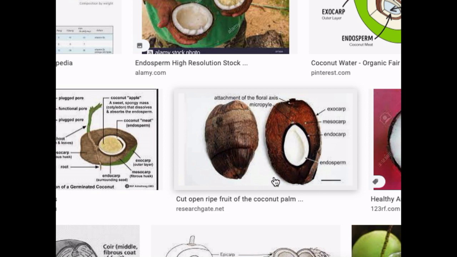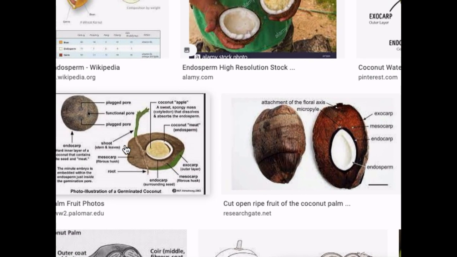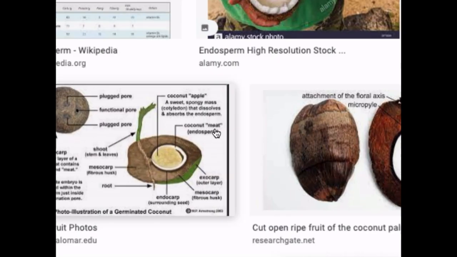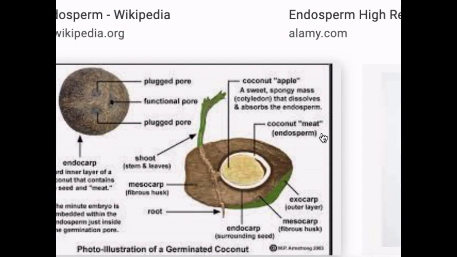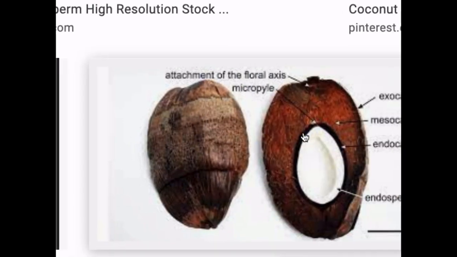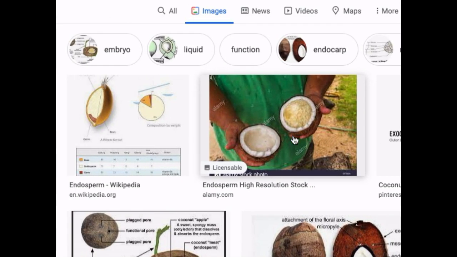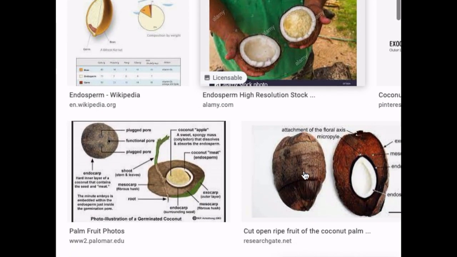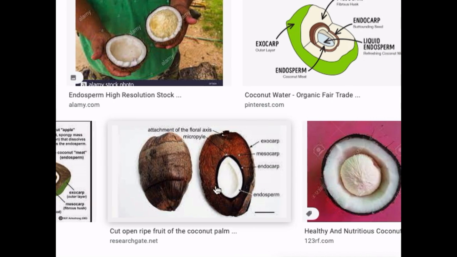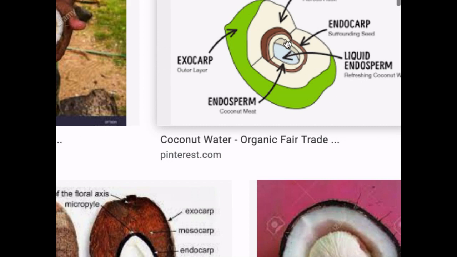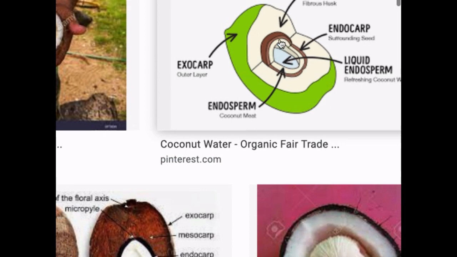In the coconut, you have the water, and the meat of the coconut is the endosperm. It has two types of endosperm: a liquid endosperm and a solid endosperm. The solid part is the meat of the coconut.